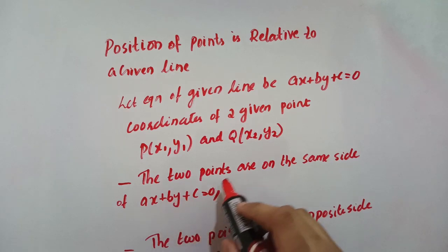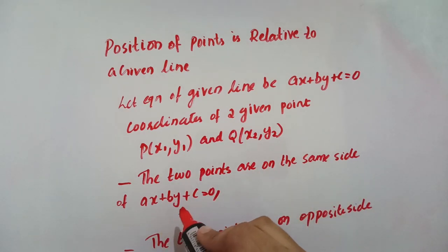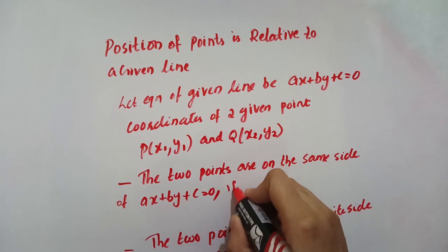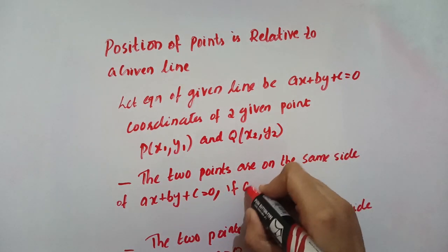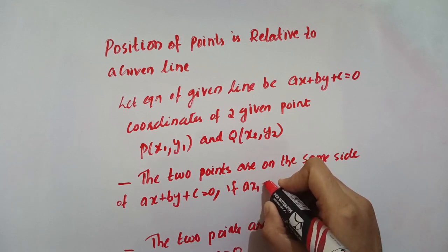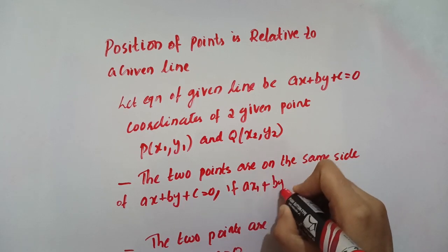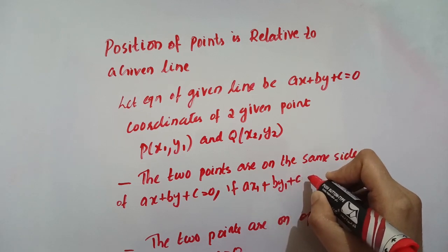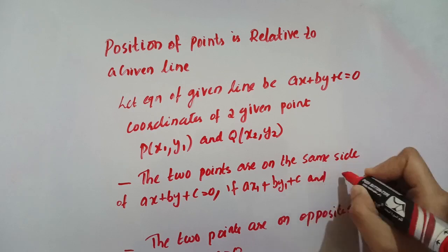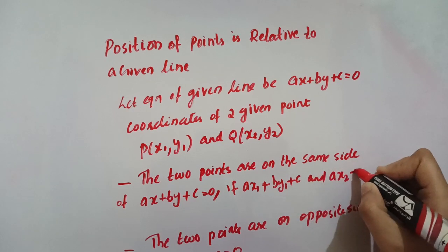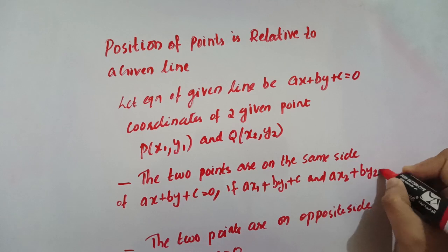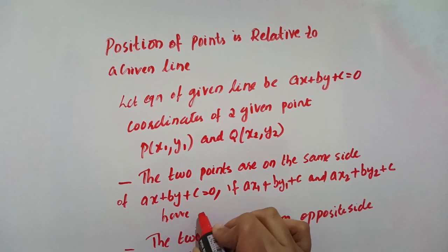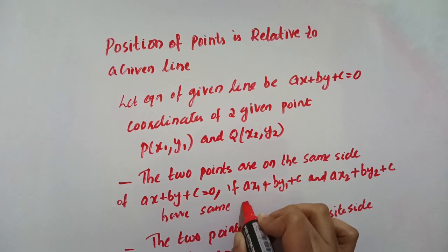Then the points are on the same side of the line ax plus by plus c equal to 0 if ax1 plus by1 plus c and ax2 plus by2 plus c have the same sign.